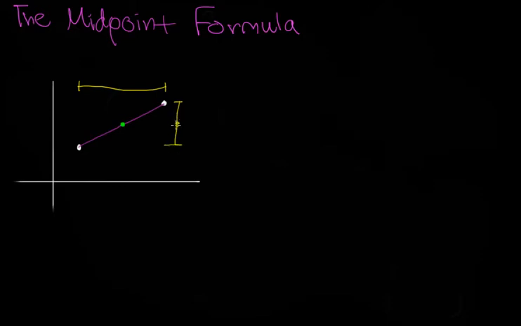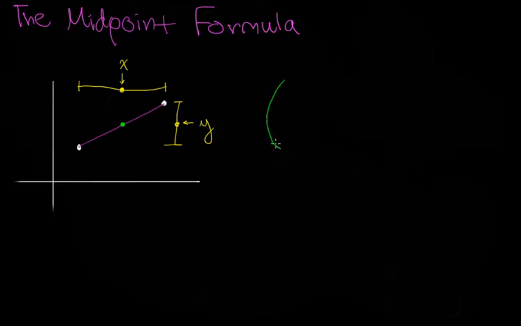So your midpoint should be around here and here. This is the average or the center of the horizontal distance, and this is the average or the center of the vertical distance. So vertical distances involve the y's and the horizontal distances involve the x's. So the formula, if you think about it like this, is actually really easy.